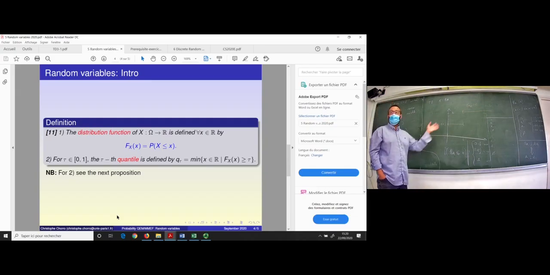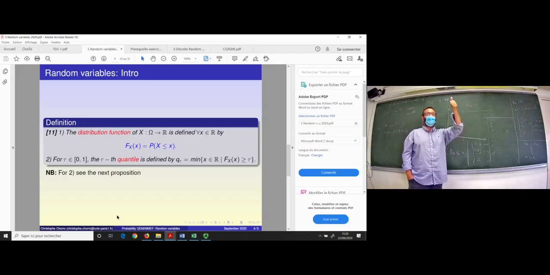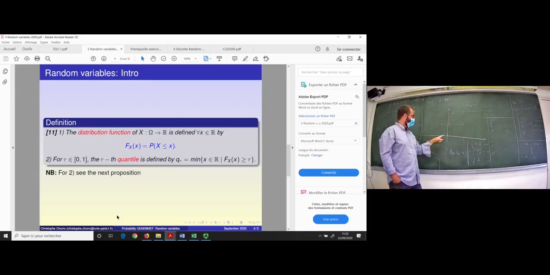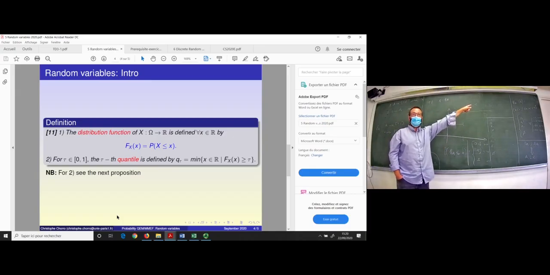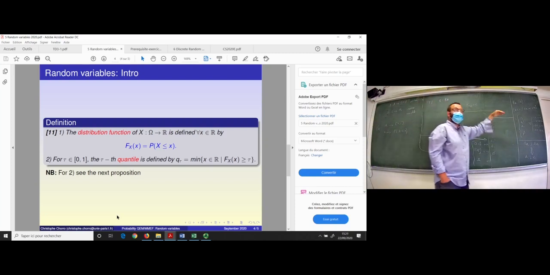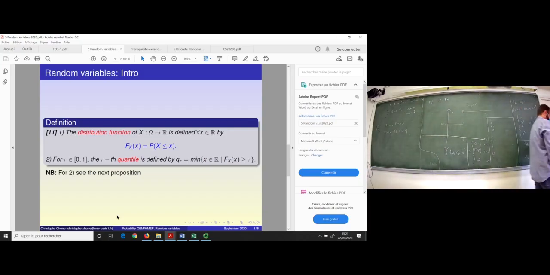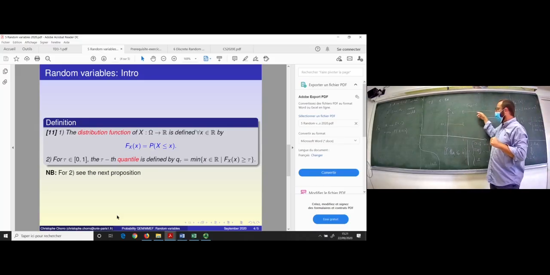On this graph, I can see a lot of characteristic properties of a distribution function that we are going to see in the next slide. The limit in minus infinity is 0. The limit in plus infinity is 1. I see that I am increasing in the large sense. Not strictly increasing, because I have this flat part here, but increasing. And I can also see more technical properties: this mapping is right continuous.